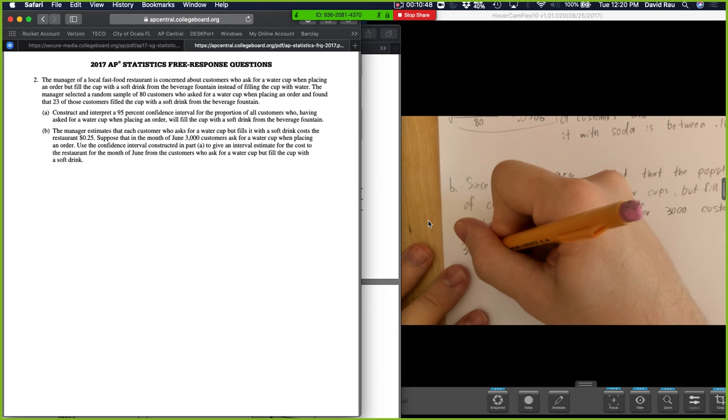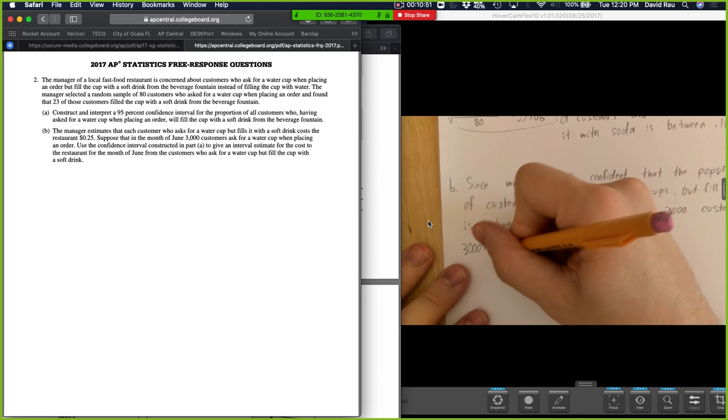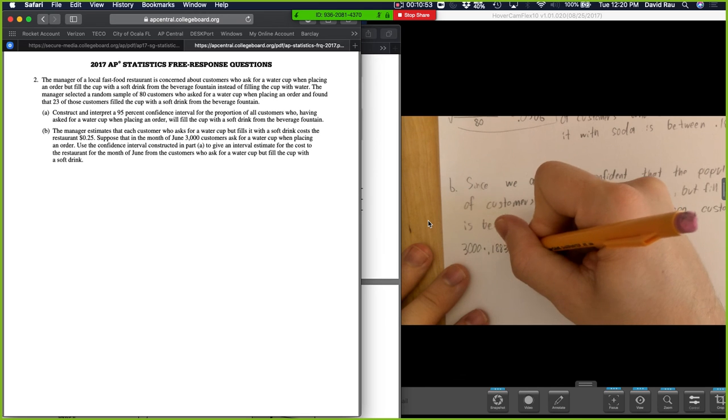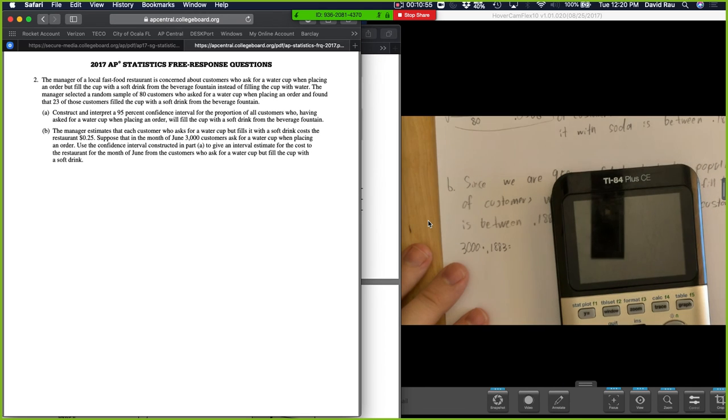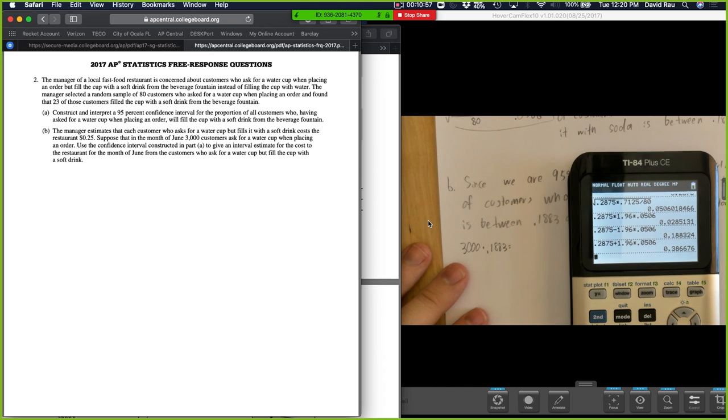I'm going to write it like this: 3,000 times 0.1883 equals. So again, if you're going to need the calculator, write that down.